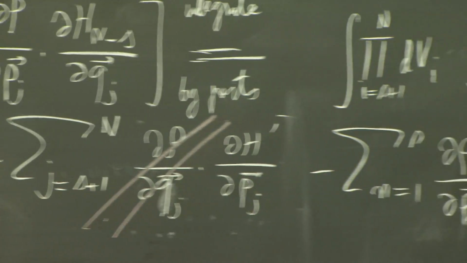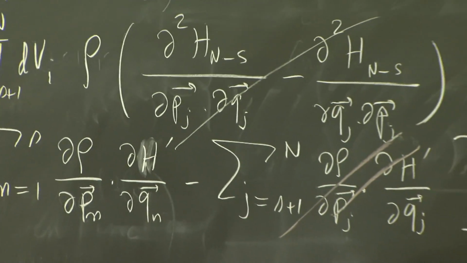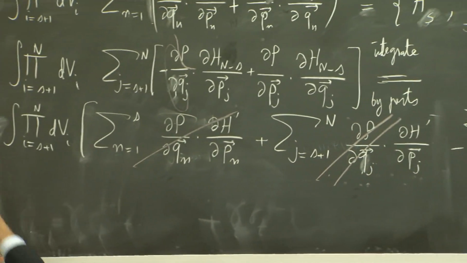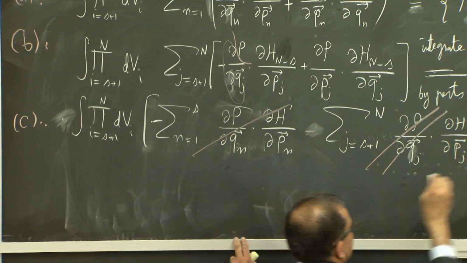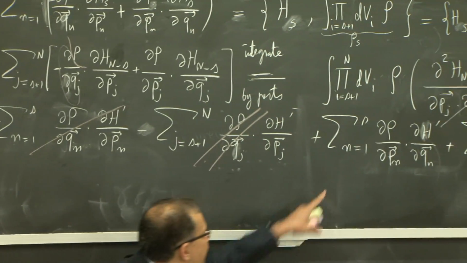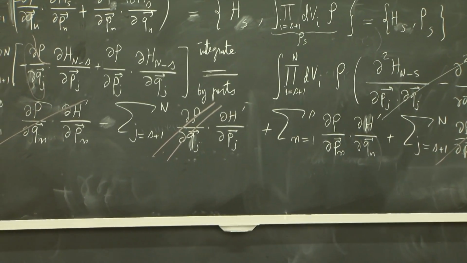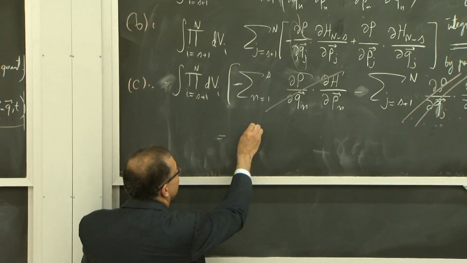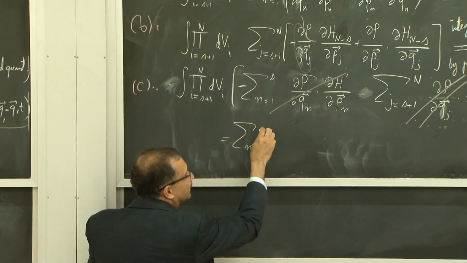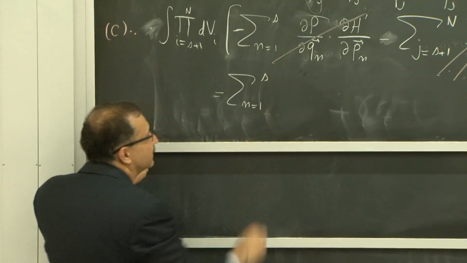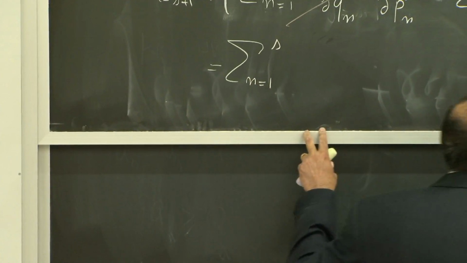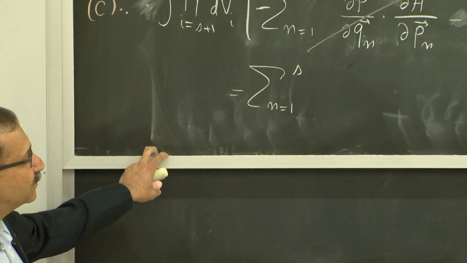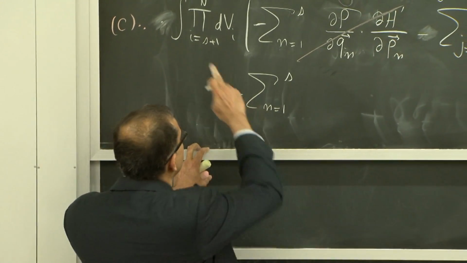OK, so hopefully, then what do we have? Actually, let's keep the sign correct and do this, because I need the right sign for the one term that is preserved. So what does that say? It is a sum n running from 1 to s. I have dh prime by dqn, and I have this integration.